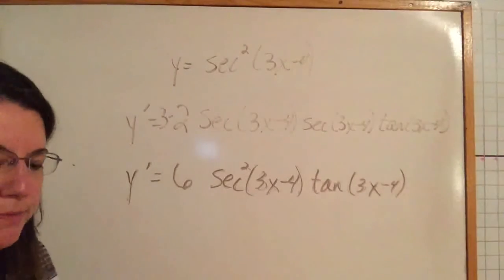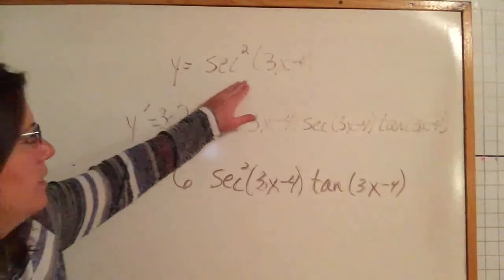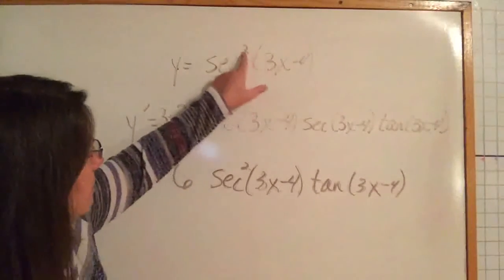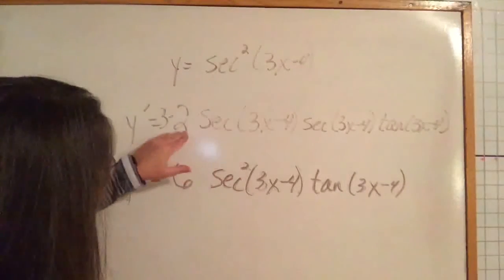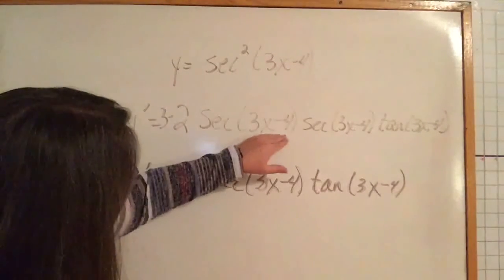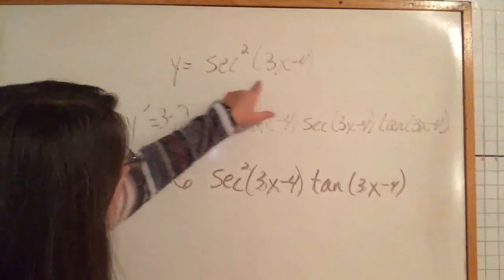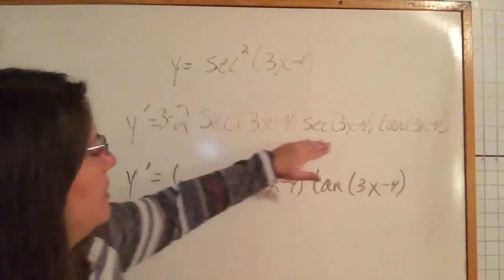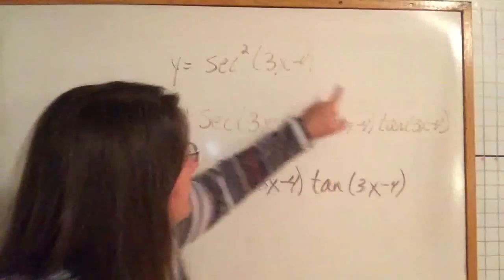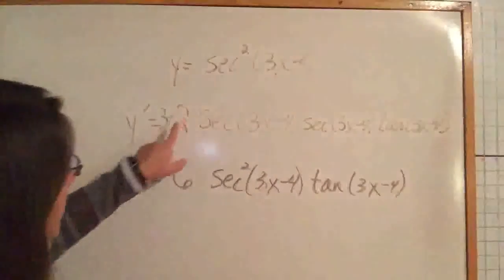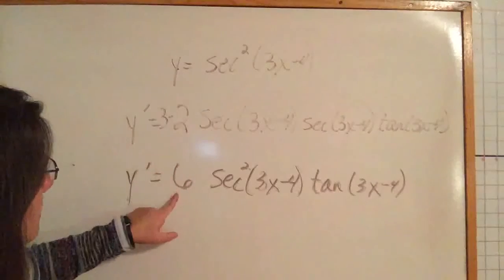And for the last one, the outer function is to the second power. So we do 2 times secant 3x minus 4. Then times the derivative of secant 3x minus 4. That would be secant 3x minus 4 times tangent 3x minus 4 times the derivative of the inside part, which is a 3. So 3 times 2 is 6.